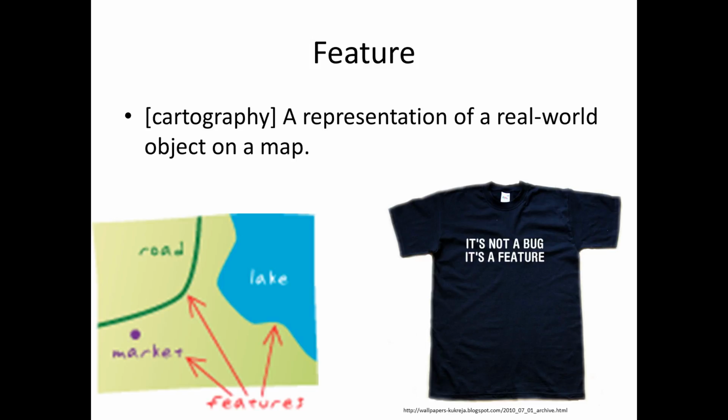In this case, the phenomena would have to be sort of finite for it to be a feature, but a real object in our GIS is represented as a feature. We could have individual roads that are features, individual buildings that could be features, individual natural features like a lake.